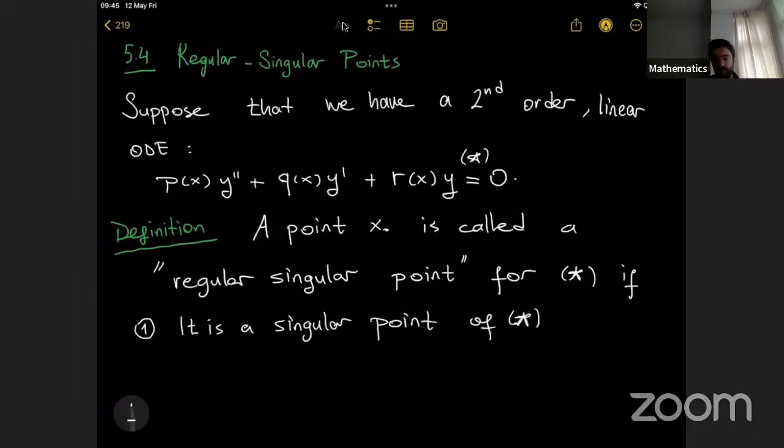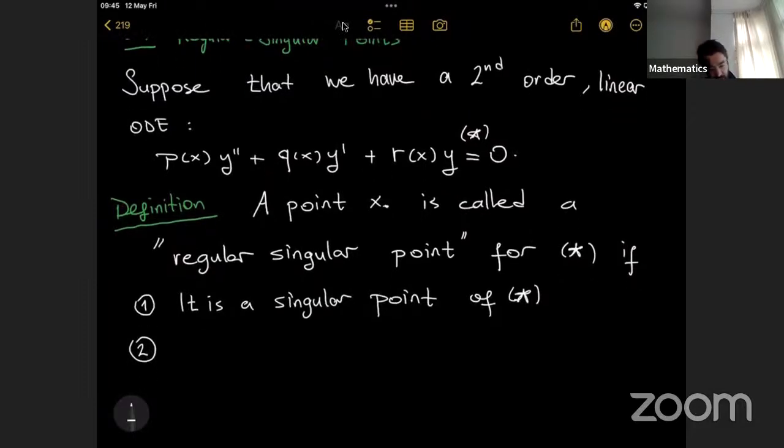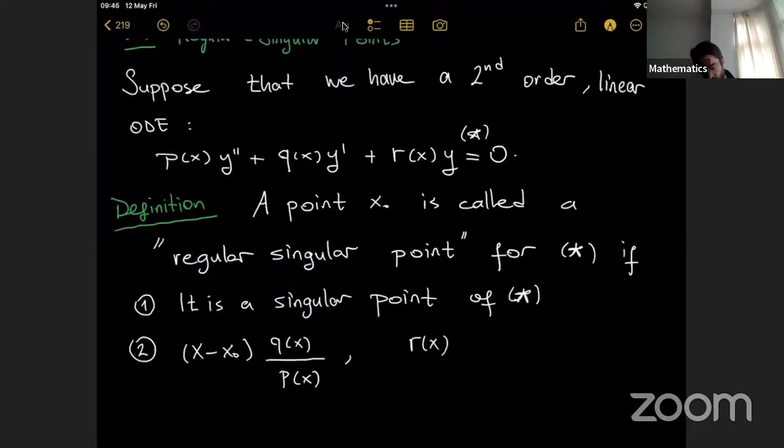That means it is not a regular point. And second, singular means q over p is not analytic at x naught, but when you multiply it by x minus x naught, and you multiply the other one, remember the other one was r(x) over p(x), by x minus x naught squared. Let's write it better.